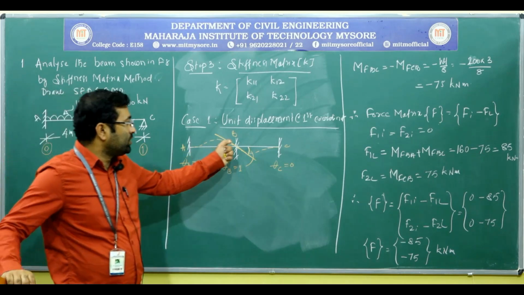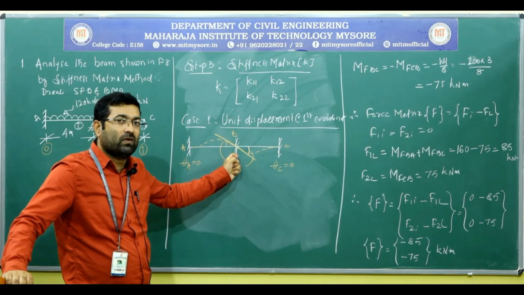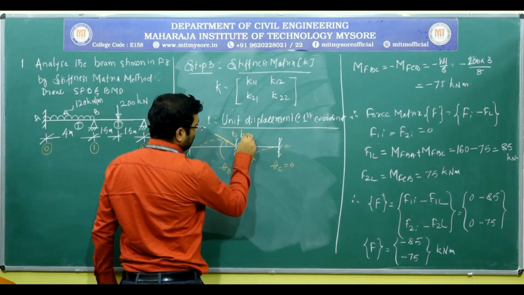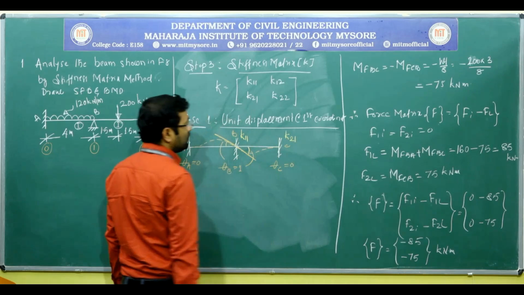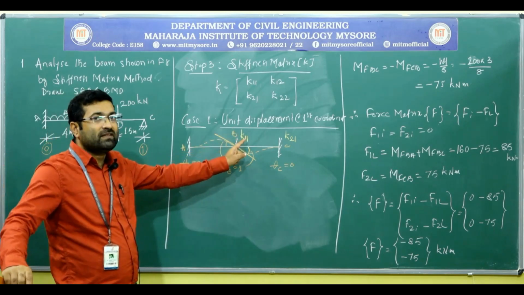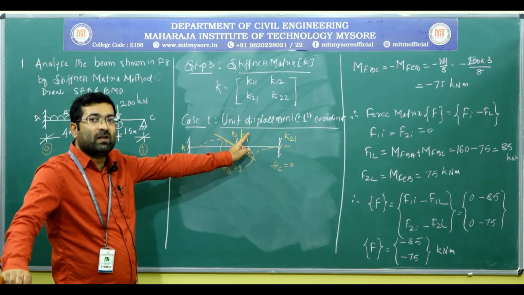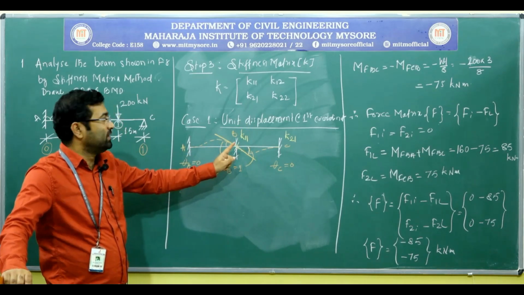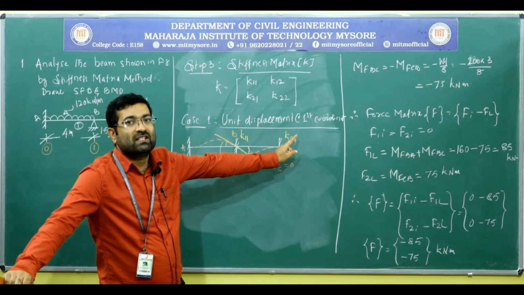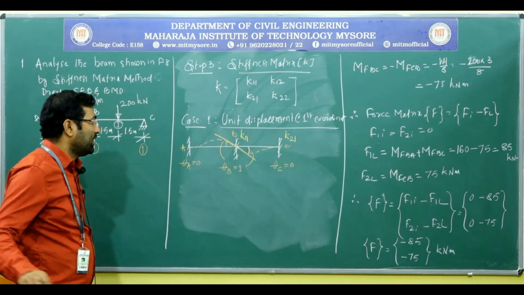So, now because of a unit rotation at first coordinate direction, the forces developed at first coordinate as well as at second coordinate, that is K11 and K21, these coefficients we need to determine. So, K11 stands for the force at first coordinate direction when the displacement is also at the first coordinate, whereas K21 stands for force at second coordinate direction when displacement is at first coordinate direction.